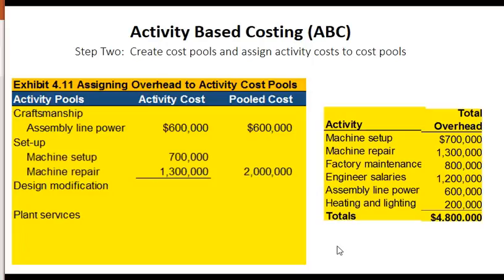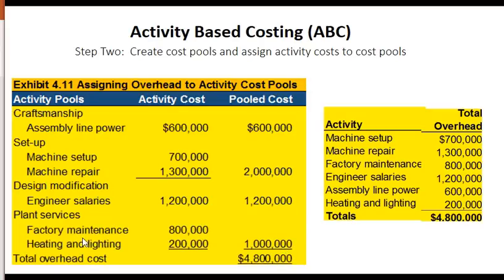In setup, we establish machine setup cost of $700,000 and machine repair of $1,300,000, so the total pooled cost is $2 million for setup. Design modification, we're going to classify engineer salaries of $1,200,000, which is our pooled cost.